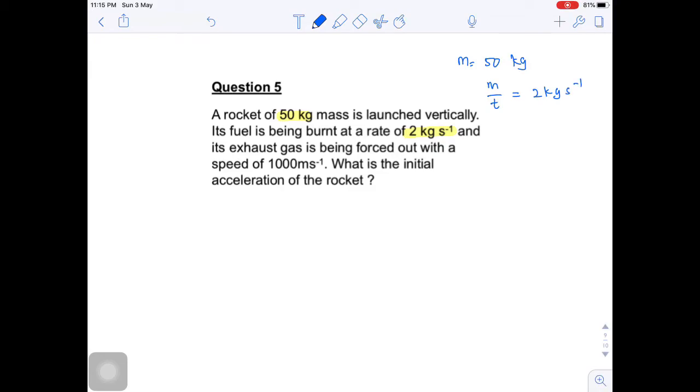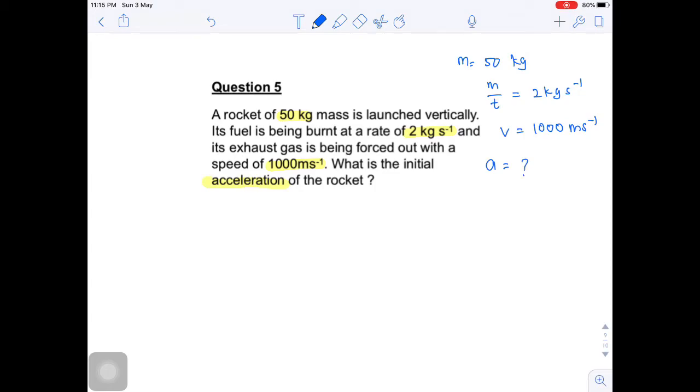And its exhaust gas is being forced out with a speed of 1000 meter per second. So v is equal to 1000 meter per second. What is the initial acceleration of the rocket? So what is the acceleration?